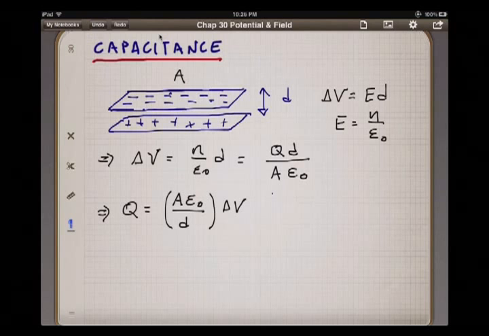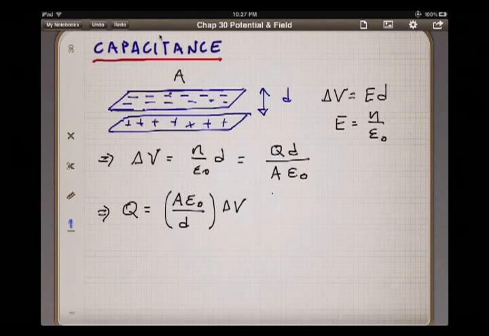So if we solve for Q, we get that Q is proportional to the difference in potential, and the proportionality constant is A epsilon 0 divided by d. A and d are properties of the plates, of the capacitor itself. Epsilon 0 is a constant of nature.